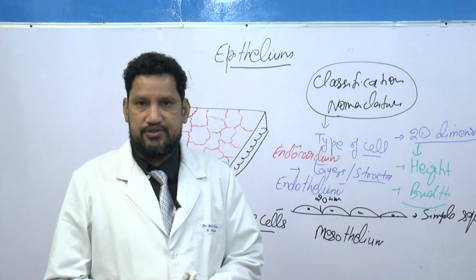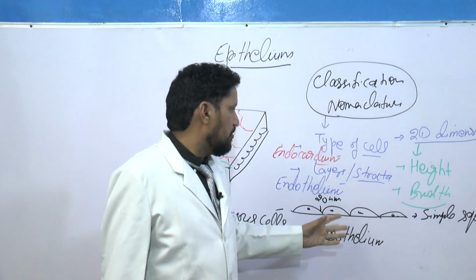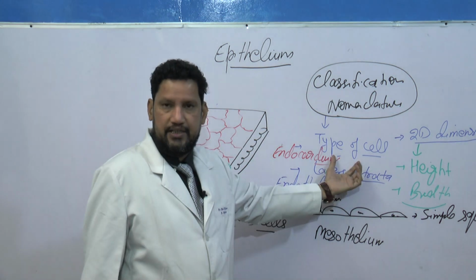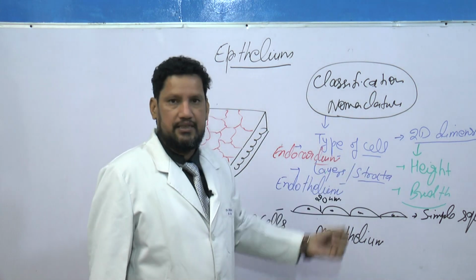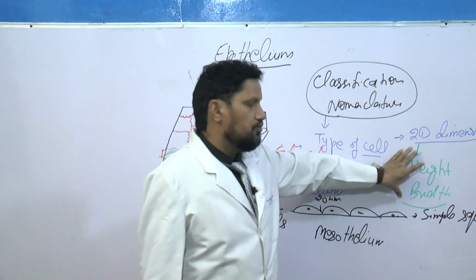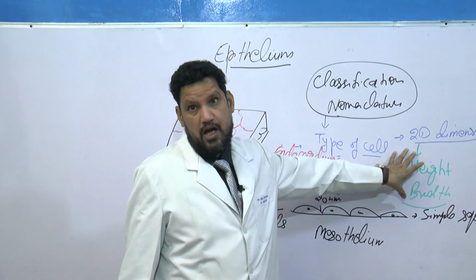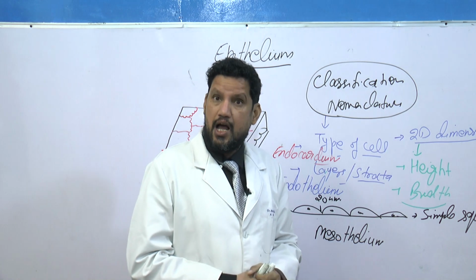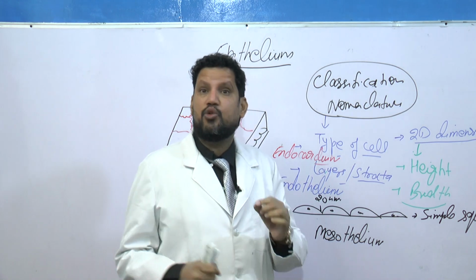The other type of cells, the primary cells, I am talking about the very basic criteria of nomenclature and classification of the epithelium. The other type of cell, when these 2D measurements are almost equal, the height and breadth both are the same.